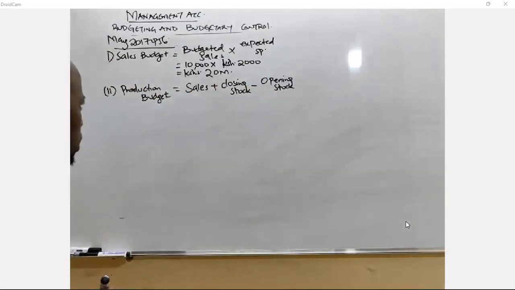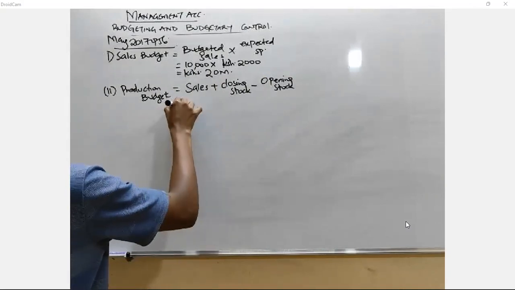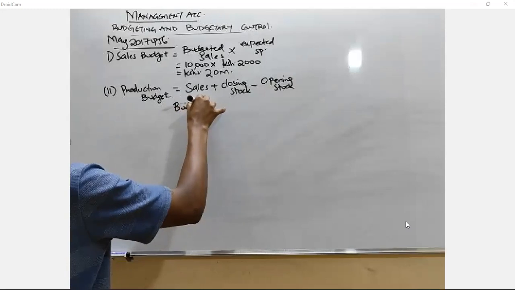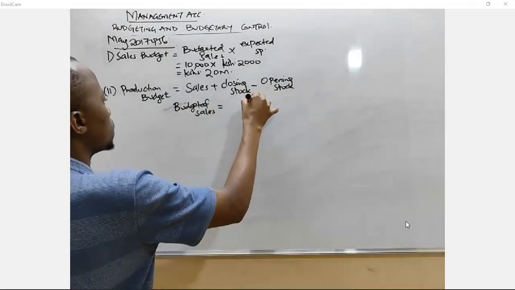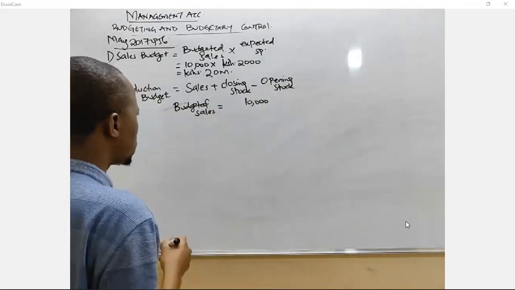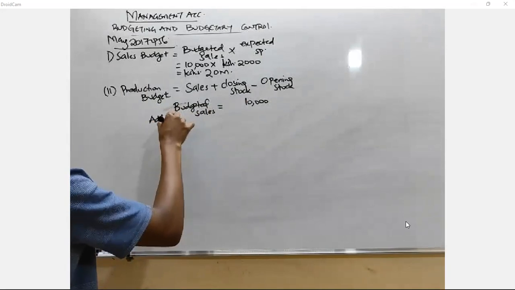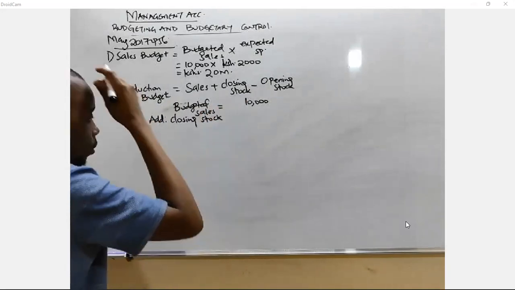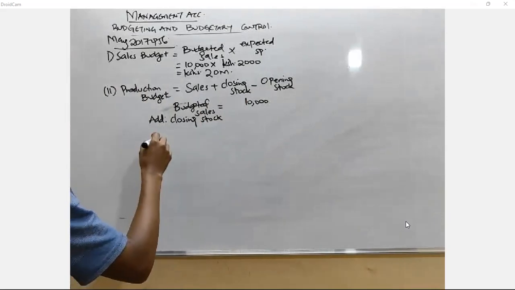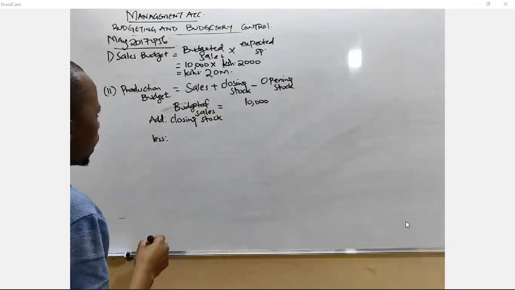So what is the budgeted sales? In this case, the budgeted sales in units are 10,000, right? Then we add our closing stock. Then we leave it at that point. First, we have to capture our opening stock.